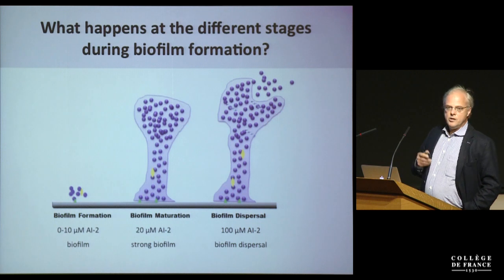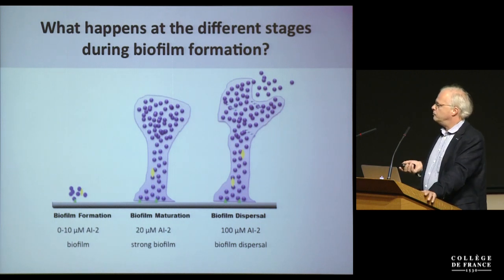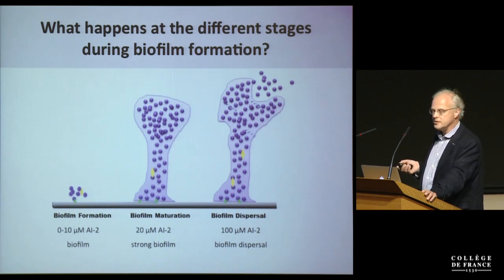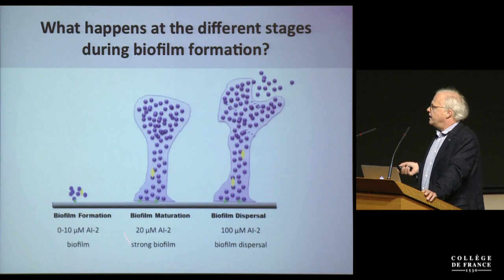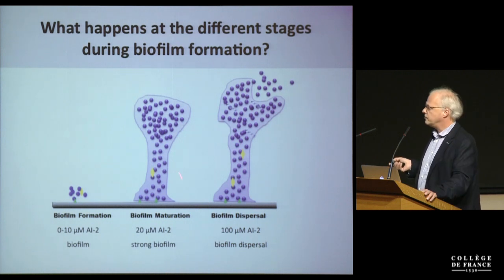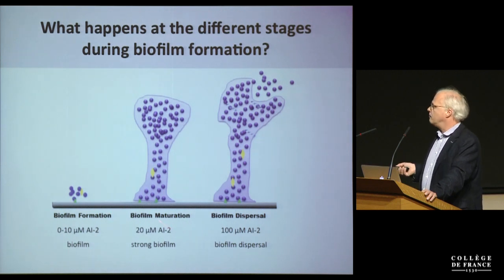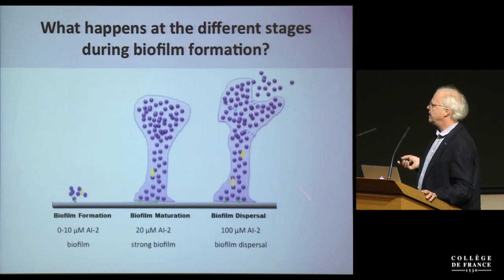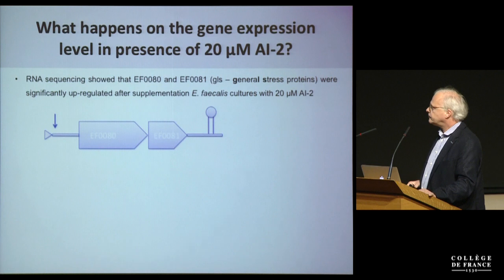So basically going back to what I've shown you before, we have this situation. In the beginning you probably have a very low concentration of autoinducer 2, as I showed you in the graph, and attachment of bacteria. Then you have the biofilm maturation, and this is probably what occurs at 20 micromolar autoinducer 2, forming a strong biofilm, and then the dispersal of the biofilm at the higher concentrations.